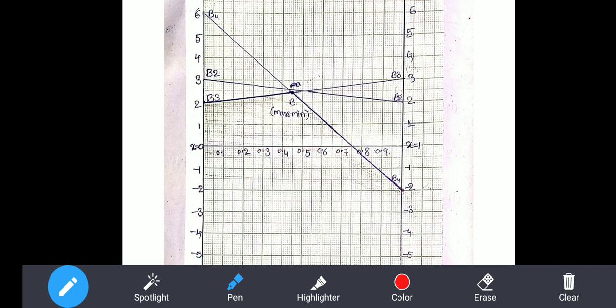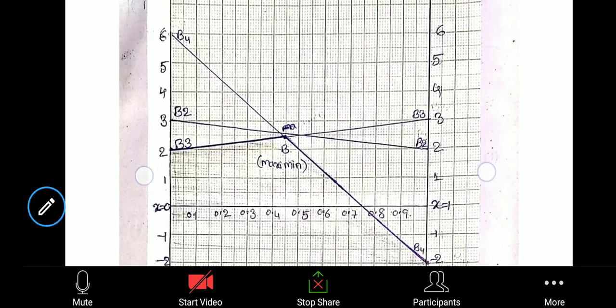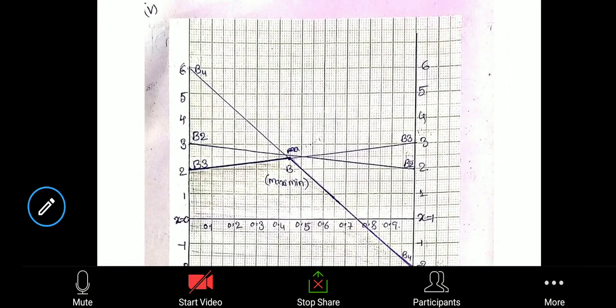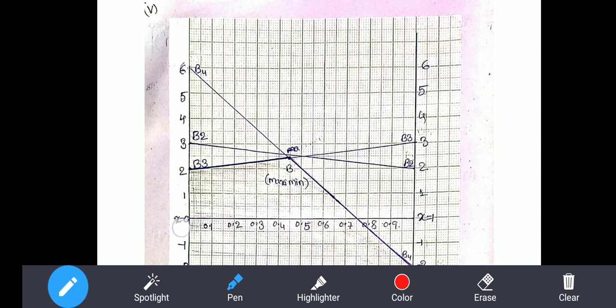Based on the given points, one more thing: below this horizontal axis, the x-axis, the points will be negatives, and above it they will be positives. Like that I have considered the scale.